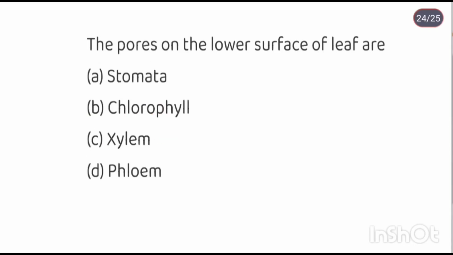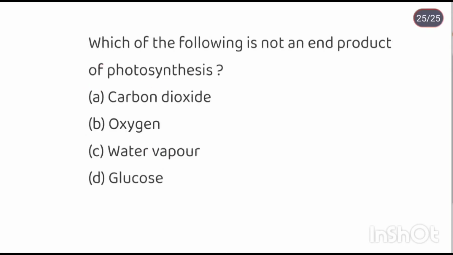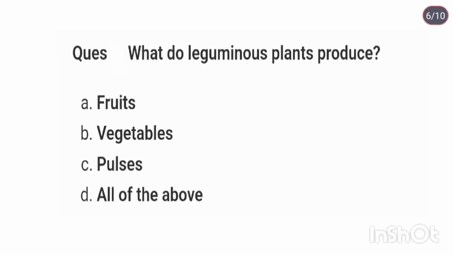The pores on the lower surface of the leaf are option A, stomata. Which of the following is not an end product of photosynthesis? Option A, carbon dioxide. What do leguminous plants produce?